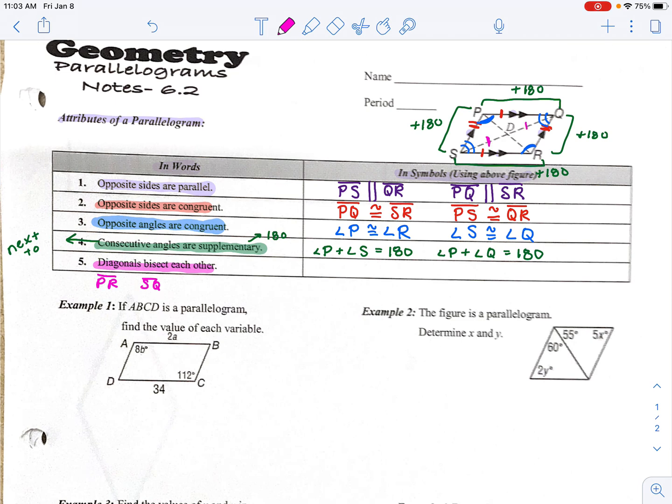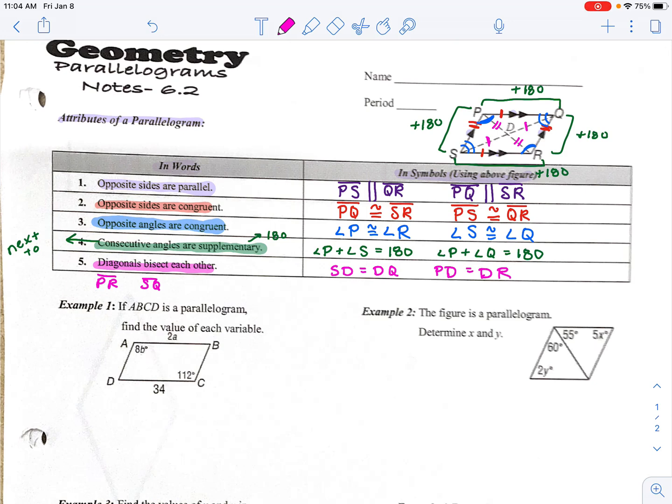So this half is the same as this half, and this half is the same as that half. I would say that SD is equal to DQ, and PD is equal to DR. It does not necessarily mean that they're all the exact same length, though. Just the diagonals are getting cut in half.